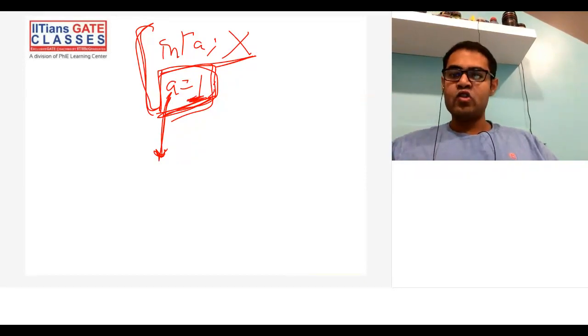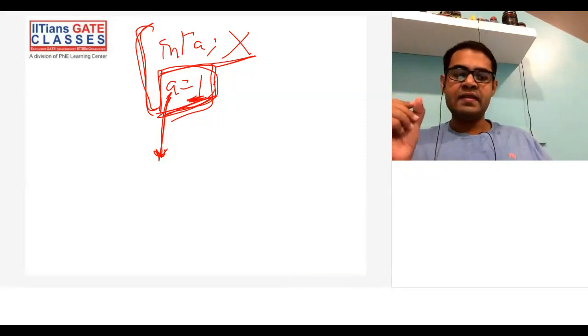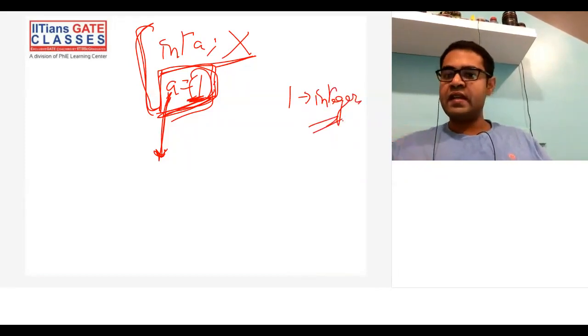It will bring in the meaning of the grammar and everything, and check A is assigned 1. Now from the symbol table it will check whether A is an integer or not, because 1 is definitely an integer. So during the semantic analysis phase, it will try to check whether A is an integer or not.